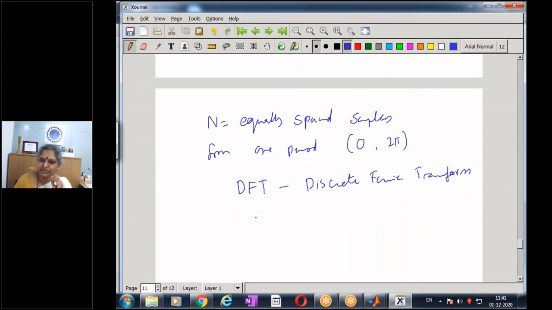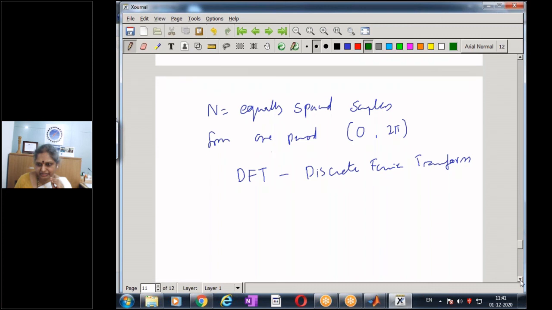Discrete Fourier transform. So what we have is a very interesting observation.